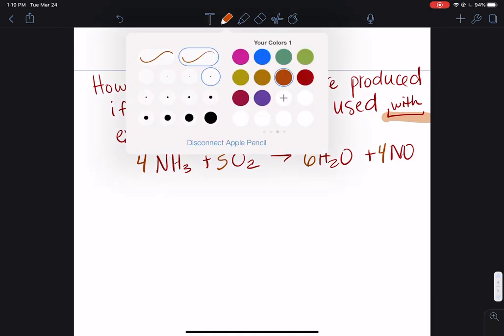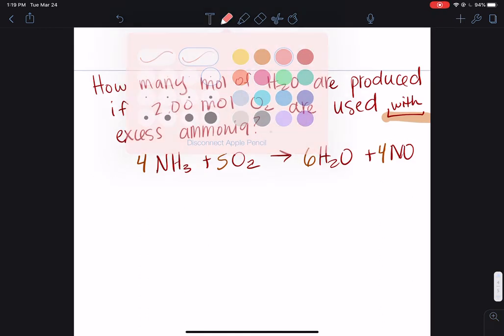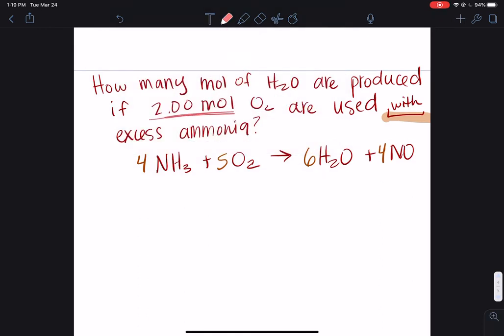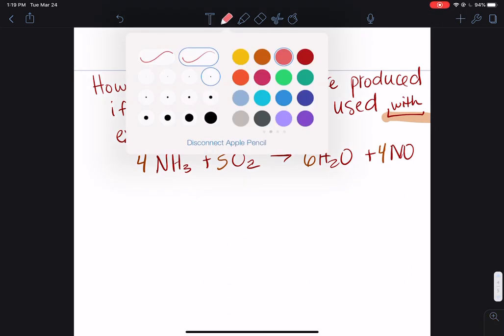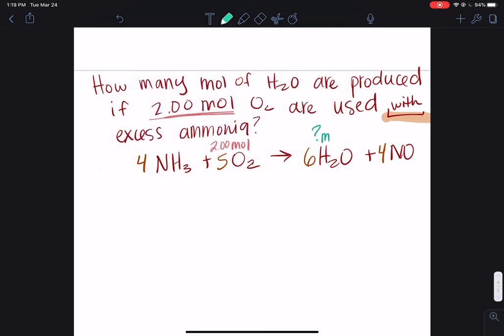What you're given is 2 moles of oxygen, so I put 2.00 moles of oxygen up there. And you're asked for how many moles of water. Now you can see that I have my given and I have to get to my goal. To get there, I'm going to use this equation right here.